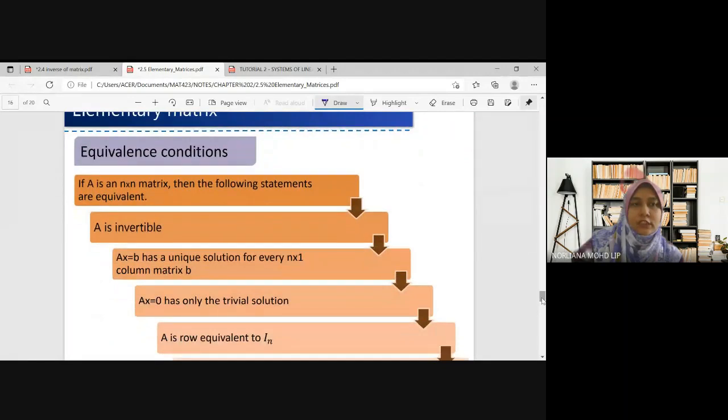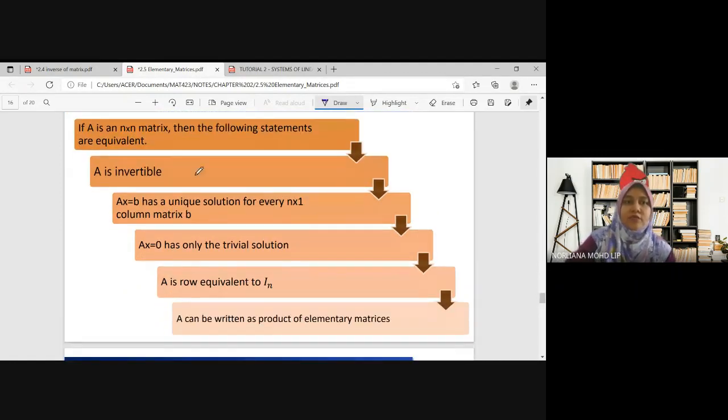Okay, the equivalent condition: if A is a square matrix, n times n, then the following statements are equivalent. A is invertible, means determinant of A is not equal to 0. AX is equal to B has a unique solution for every n times 1 column matrix B. AX is equal to 0 has only the trivial solution.